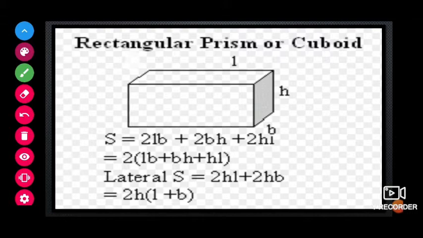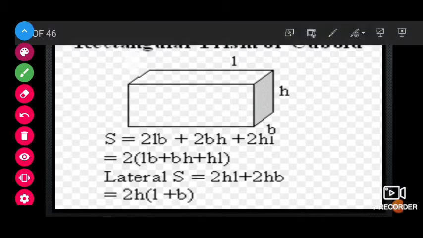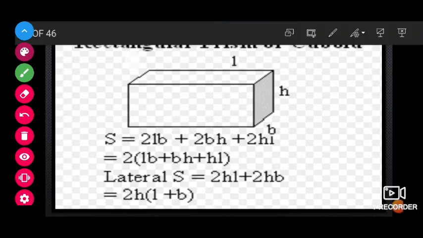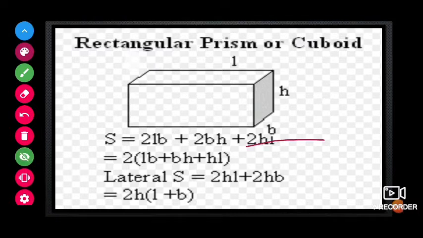Same way for the lateral surface area of a rectangular box, children. Here also if we remove two sides, for example top and bottom, then the remaining will be 2HL plus 2HB, so 2H into (L plus B).